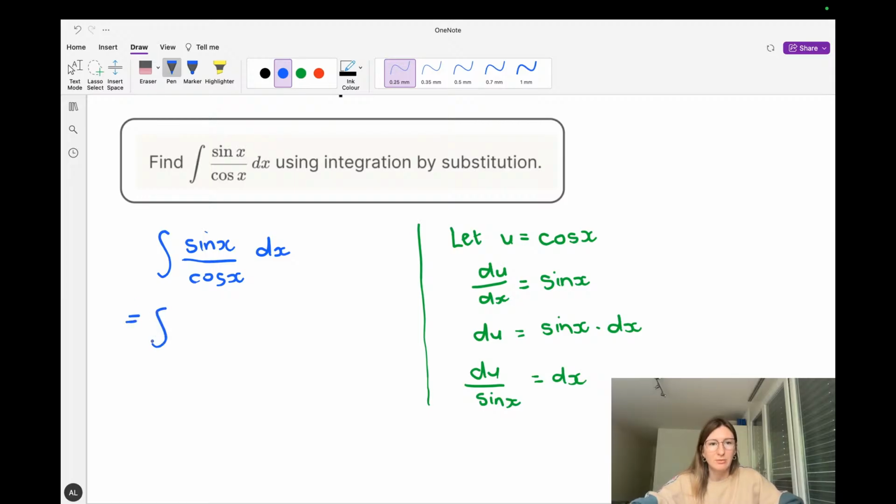And now I'm going to do my substitutions. I still have sine x. I've substituted cos x for u, so I'm going to write u. And then instead of dx, I'm going to write my new dx, which is du over sine x. And now you can see one's in the top, one's in the bottom, so I can cancel them out.